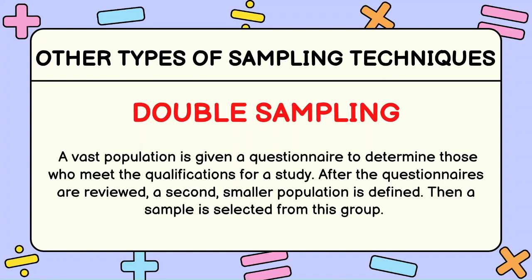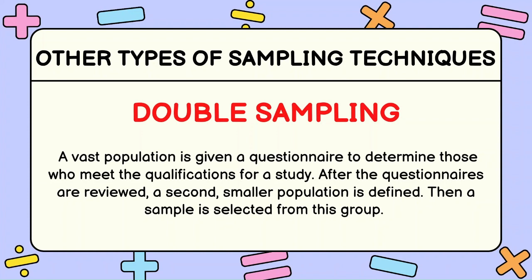Double sampling: a vast population is given a questionnaire to determine those who meet the qualification for study. After the questionnaires are reviewed, a second smaller population is defined. Then a sample is selected from this group. In this type of sampling, the sample undergoes two different stages. First, the population will have a questionnaire to determine those who meet the qualification for a study.